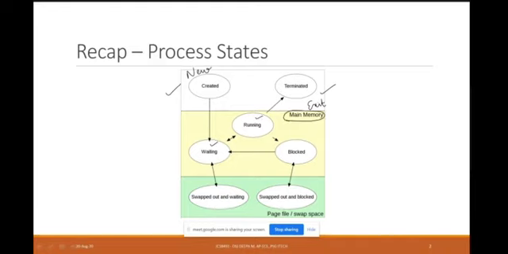We had one more state called ready state. Here we have different states for waiting and blocked. So we'll have this as ready state. Again here we have swapped out and ready state. This is your blocked or waiting state.